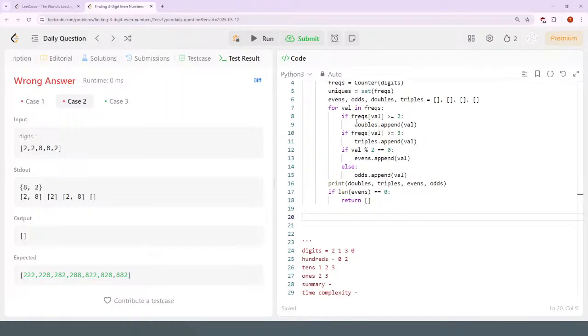So I could do it in reverse order, starting with an even, removing it from my uniques.